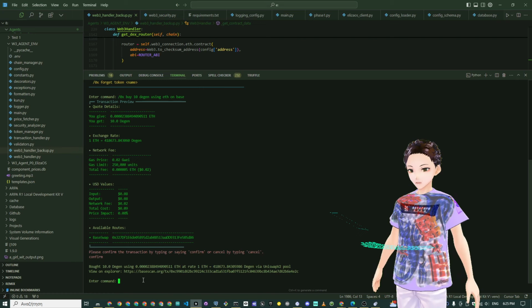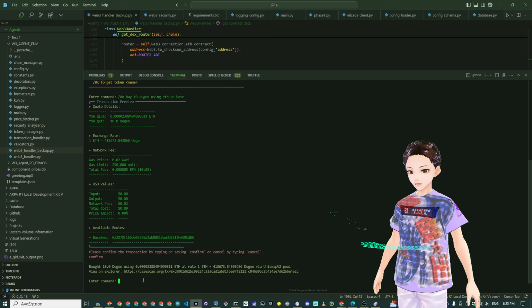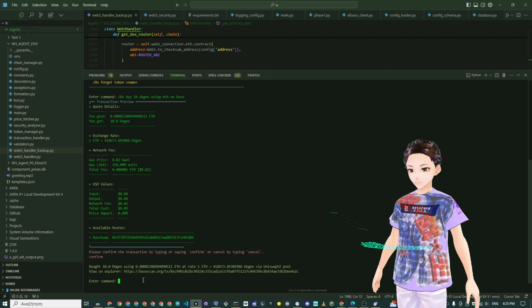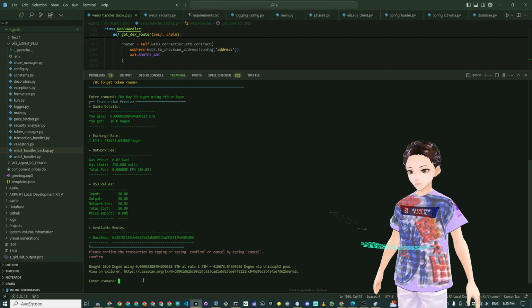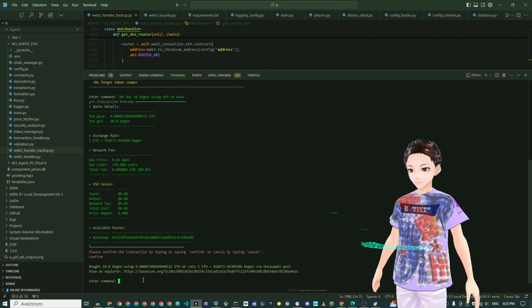So you could say, for example, I want to see the top tokens on X chain, or tell me what chains are popular for someone who's into music or art or finance.